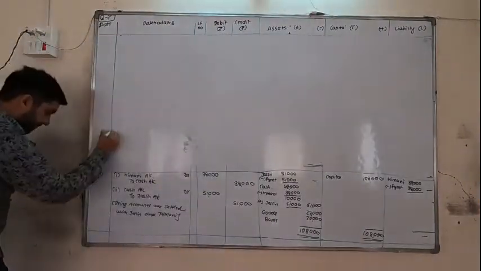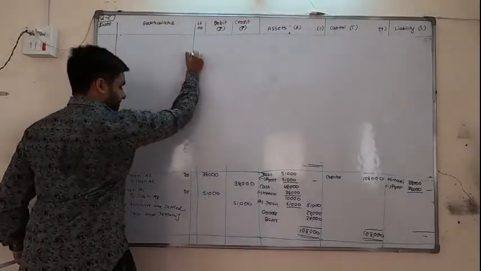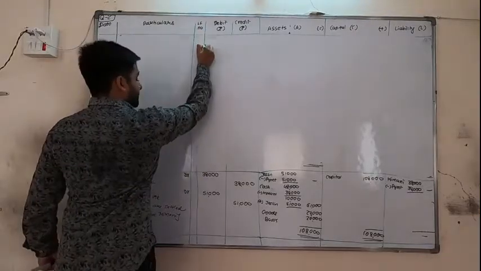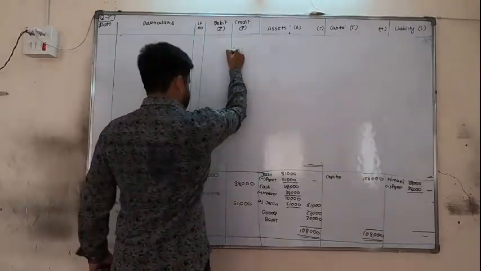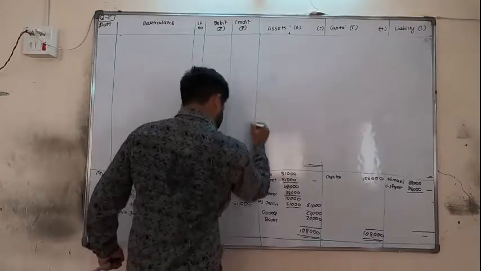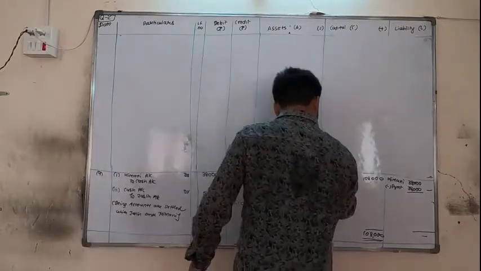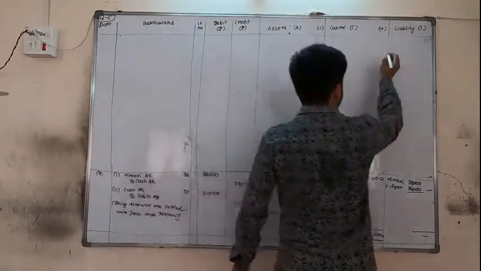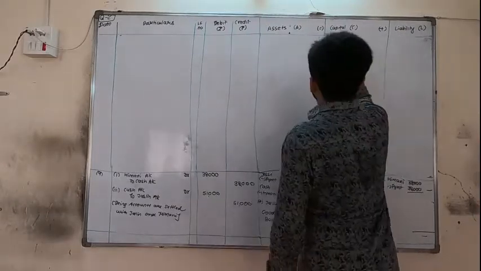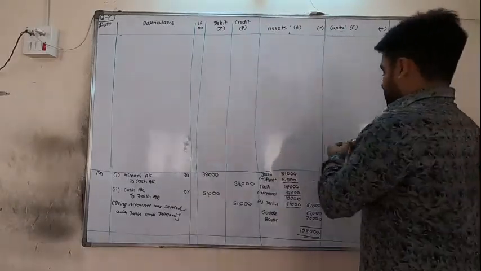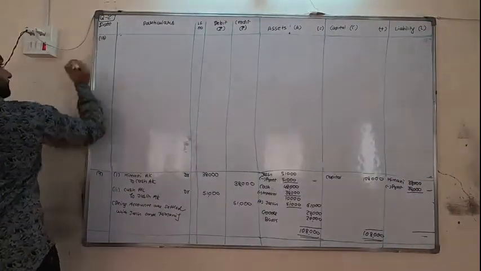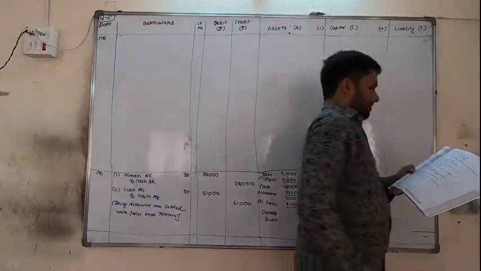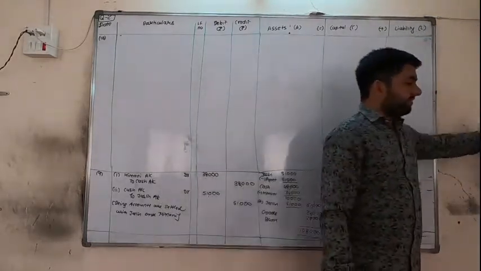So let me draw again. Withdrew 5,000 from the bank.